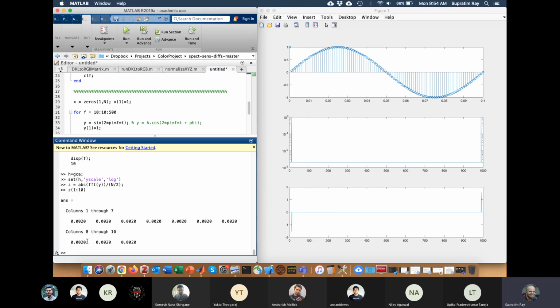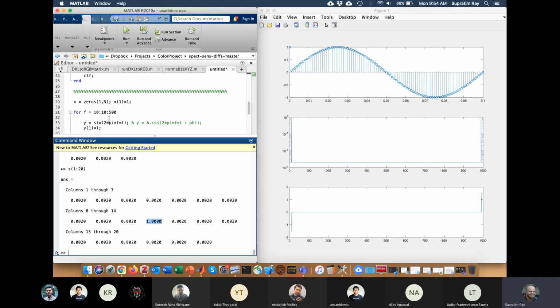It's 0.002. So to create this sinusoid plus the delta function, you need some value at each of these frequencies. Z1 to 20. Here it's a large number at 11, but a small number everywhere else.